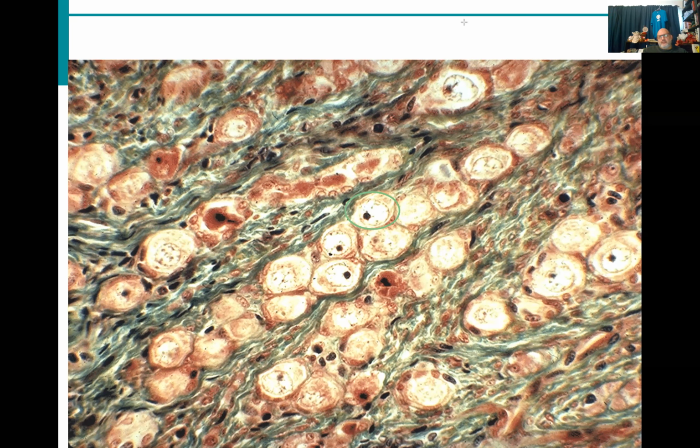Does the green not show up well enough? Identify this entire structure. Primary oocyte? No, but the entire structure. Identify this entire structure. Not the cell, I want to know this entire structure.